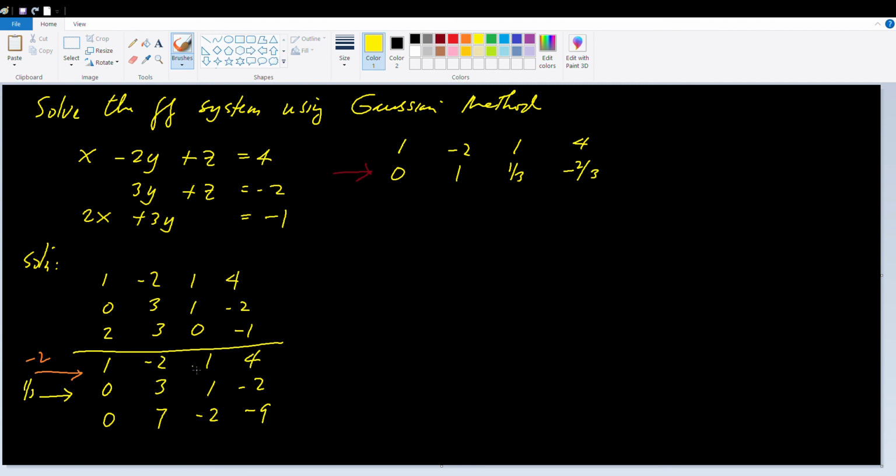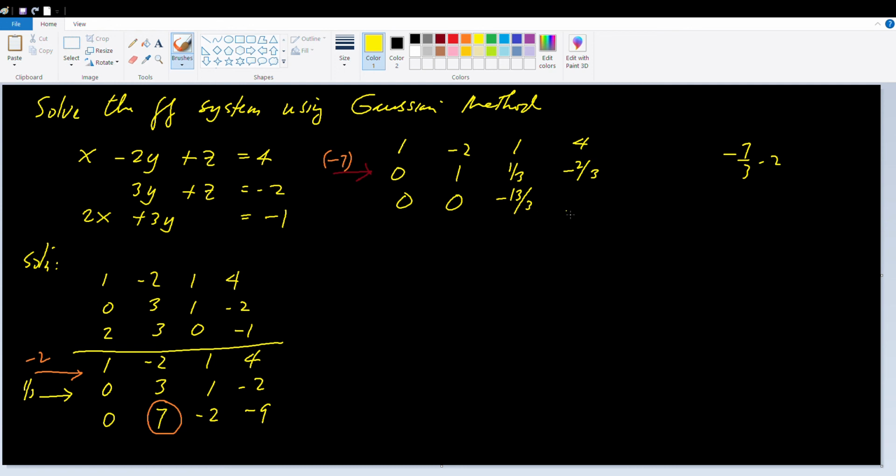I just have to make this entry equal to 0. So I shall be multiplying this by negative 7. Okay? So negative 7 times 0 is 0 and 0 is 0. Negative 7 times 1 is negative 7 plus 7 is 0. Negative 7 times 1/3 is negative 7/3, and negative 2, that gives me negative 13 over 3.